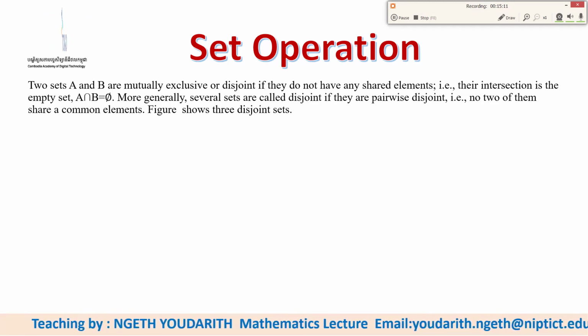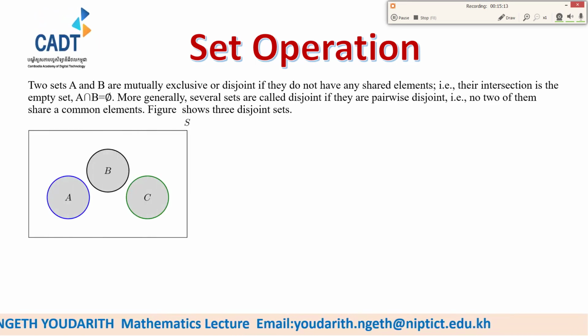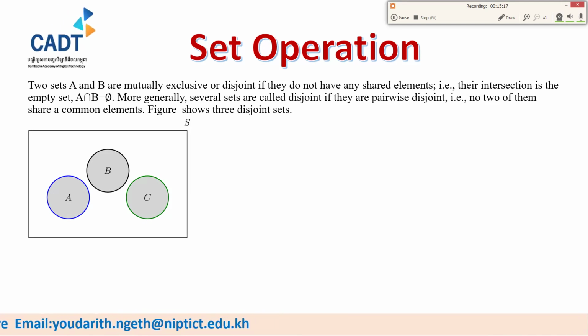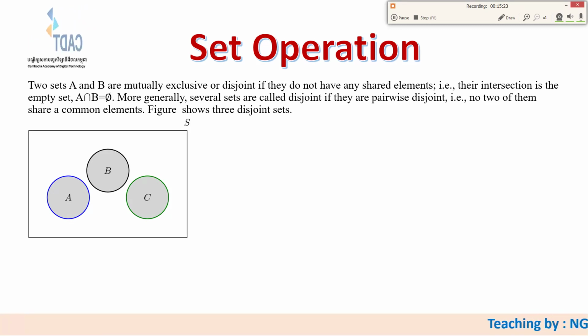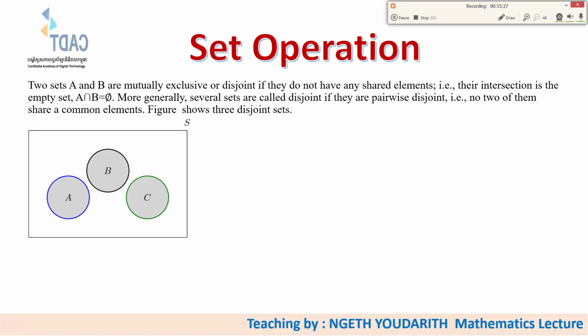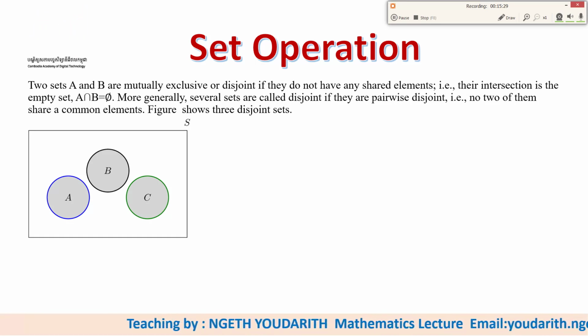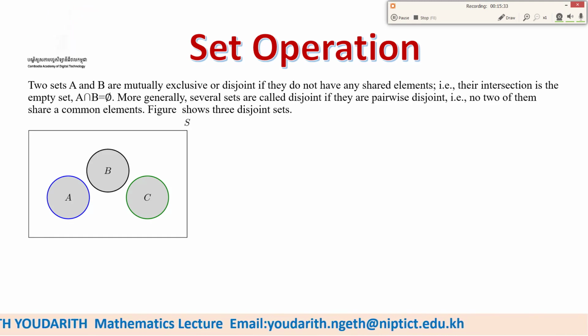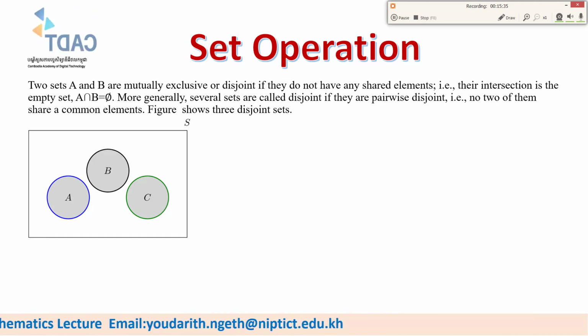So these three are disjoint sets. A, B, and C have different elements. They do not have the same element in A, B, and C. This is what we call disjoint sets.